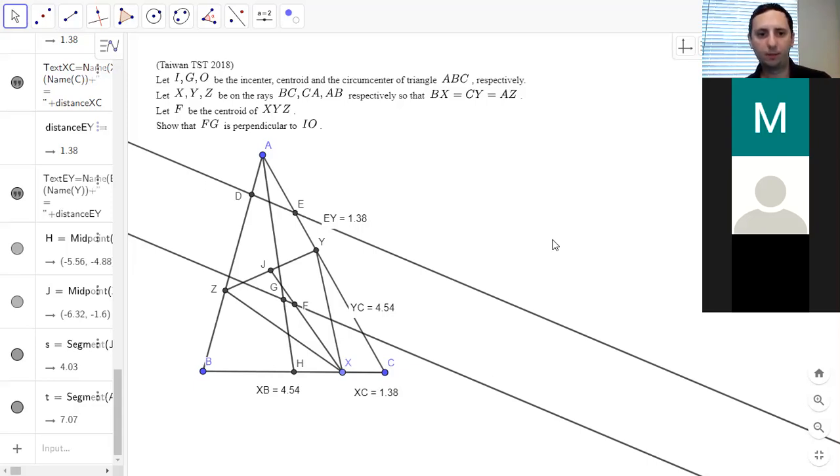But F, okay, so F, so J is Y plus Z over 2. Oh, yeah, you're right. We could do that. Yes. And then, so how do you write X?